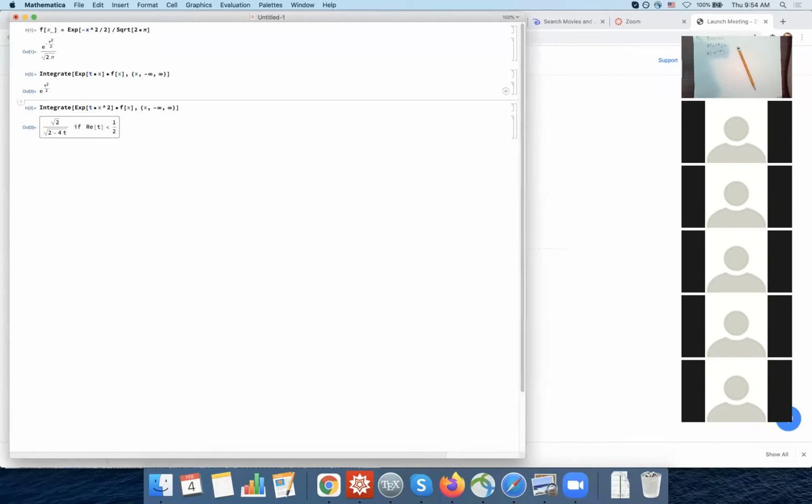The moment generating function has exponential of t squared over 2. If I put an i here, I get e to the minus t squared over 2.